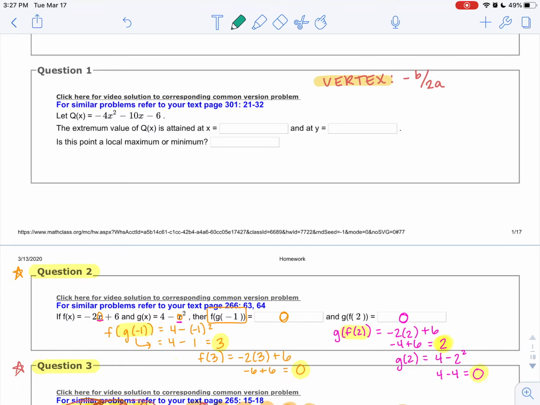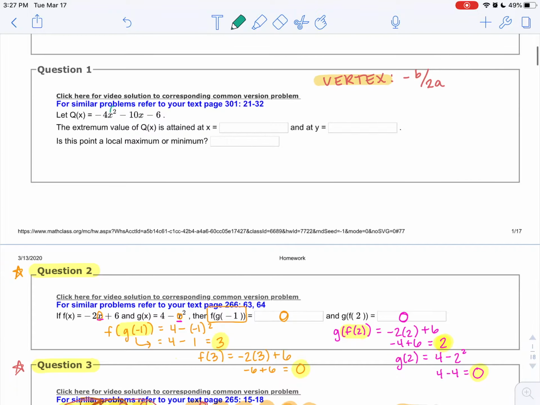So the first thing to remember with parabolas is that we know this is a parabola because it is an x squared polynomial. So that is the degree. It's a squared function, so that means that it's a parabola. And then when we think back to transformations, we know that a general parabola is facing up, and we call this concave up. It's positive.